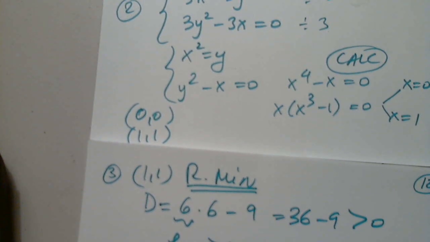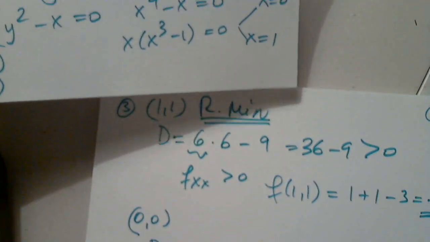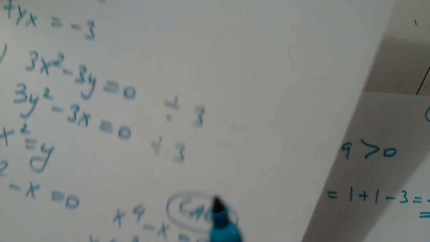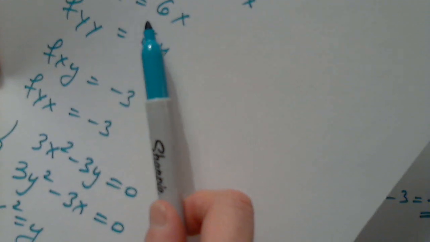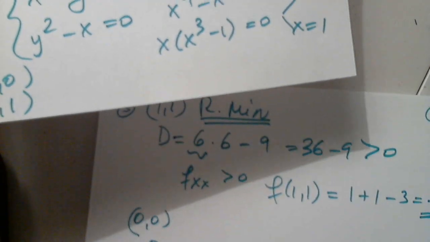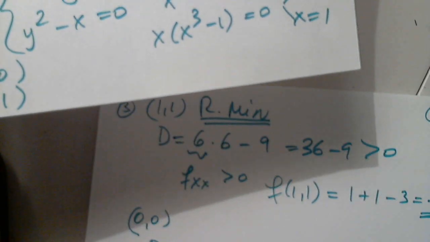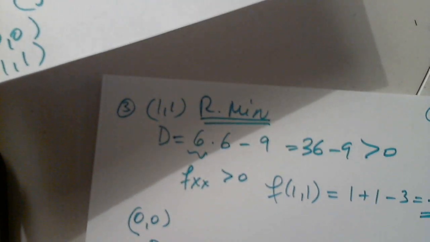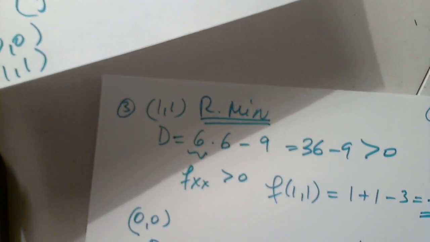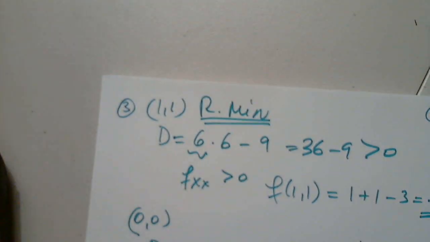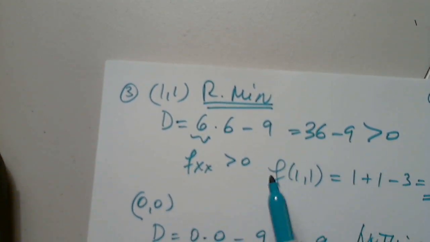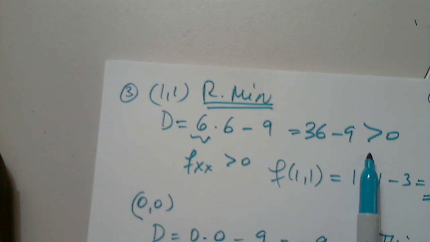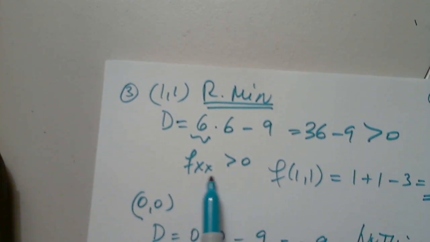For 0, 0, I determine the D-test, or the D number. Fxx is 0 times 0 minus 9. So this is negative 9, nothing. For a relative max or relative min, D has to be positive, and then we analyze based on fxx.